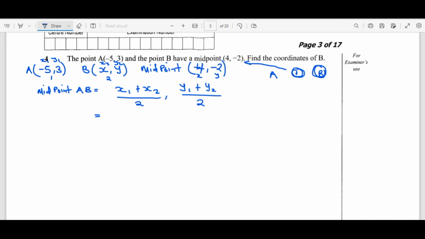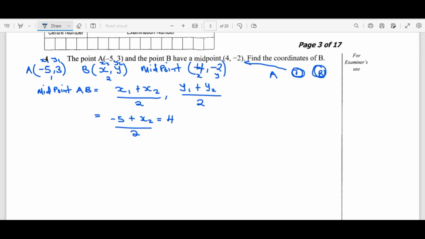The midpoint for x is 4. So we would say negative 5 plus x2 is equal to 4 over 2.